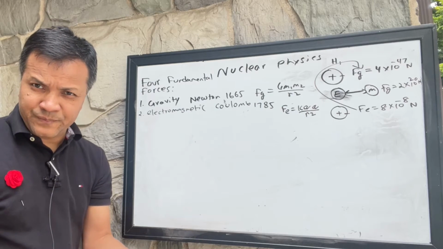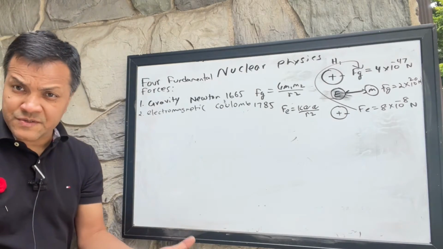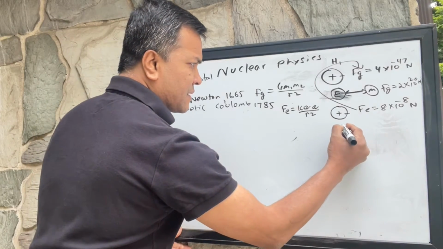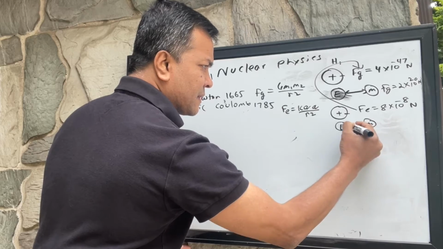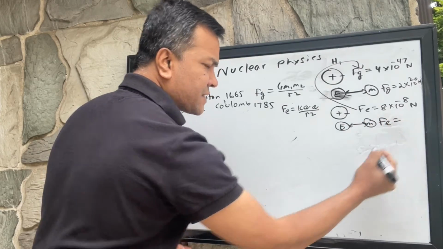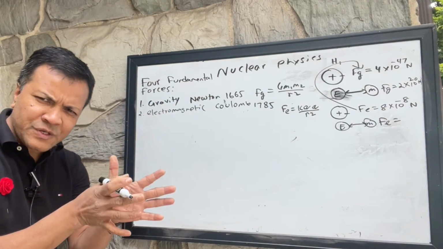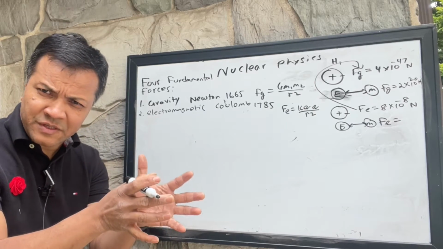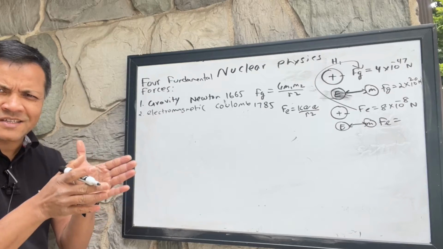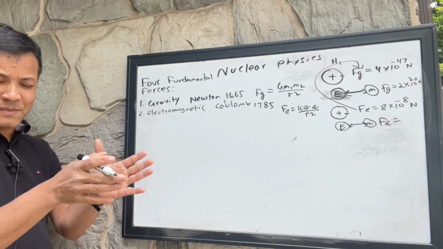It's 0. Not joking, it's 0. This is the Earth, this is the moon. The gravitational force between the Earth and the moon is 2 times 10 raised to 20 Newton, but the electrostatic force between Earth and moon is 0.